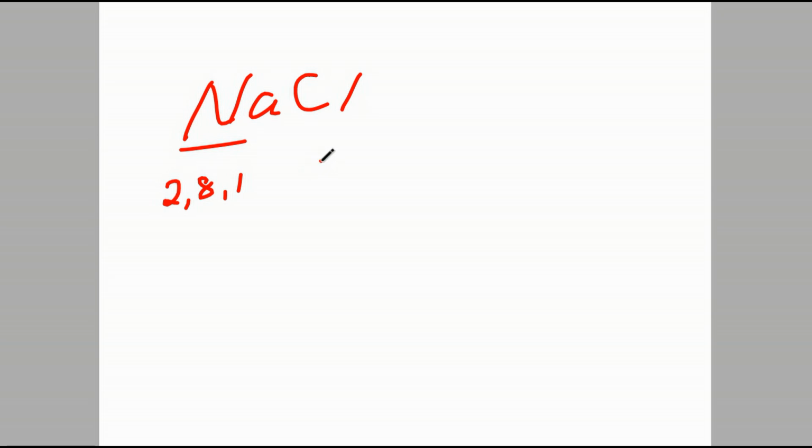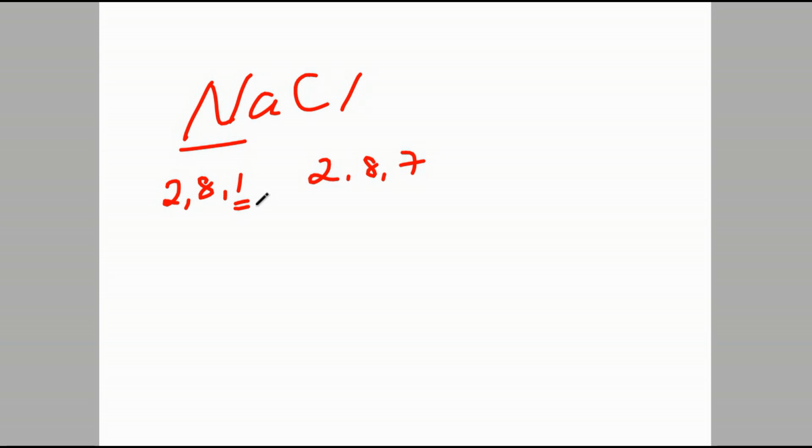For example, let's take sodium chloride. Remember from our previous lesson that the shell configuration of sodium is 2,8,1 and that of chlorine is 2,8,7, right? So for sodium to become stable, it has to lose one electron.